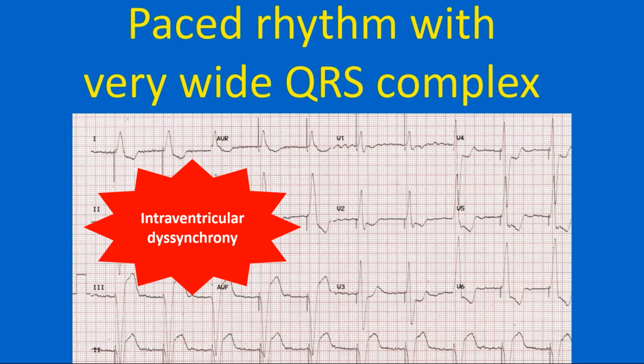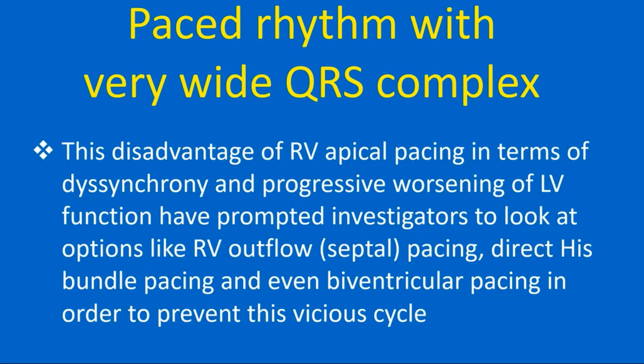The apical location of the pacing site is evident from the negative QRS complexes in inferior leads, that is, superior axis. This disadvantage of RV apical pacing in terms of dyssynchrony and progressive worsening of LV function has prompted investigators to look at options like RV outflow septal pacing, direct His bundle pacing, and even biventricular pacing in order to prevent this vicious cycle.